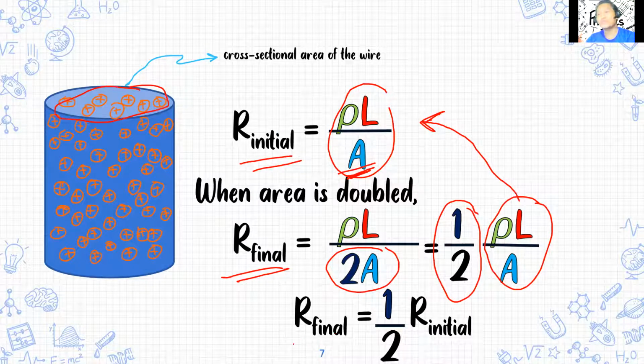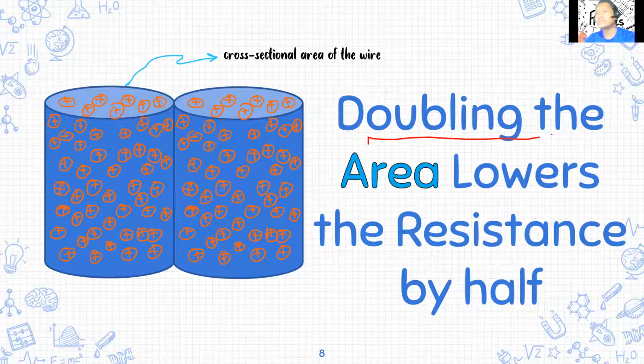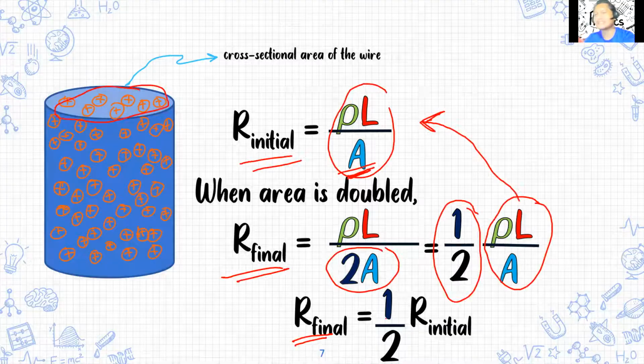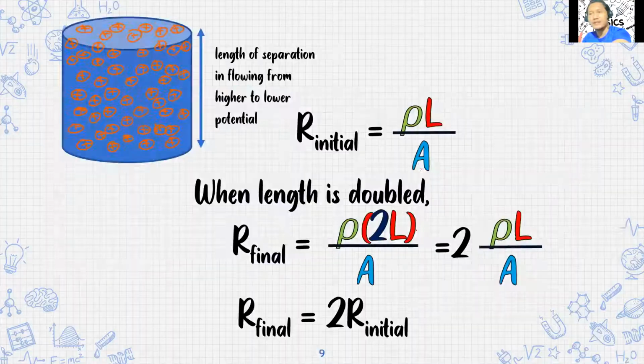Therefore, what we can say is ang final, ang new ni mga resistance karon is just half of the initial, or katong gidoble ni mga area, doubling the area lowers the resistance by half. Natunga na siya. Kung i-increase nimo ang area, mo decrease ang imong resistance. Gi-increase nimo by twice, na decrease ang imong resistance by half.